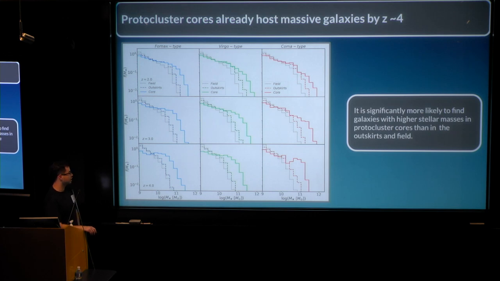We analyze the distribution of stellar masses in each protocluster type, environment, and different redshift. We can see that even at redshift 4, in the bottom panel, the protocluster core already hosts massive galaxies. So this is the main reason that we obtain those trends.